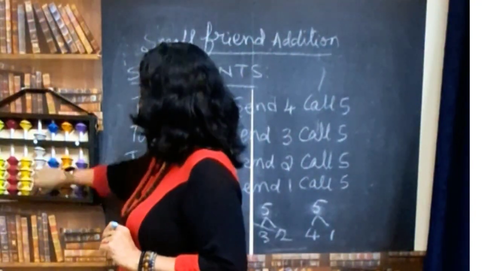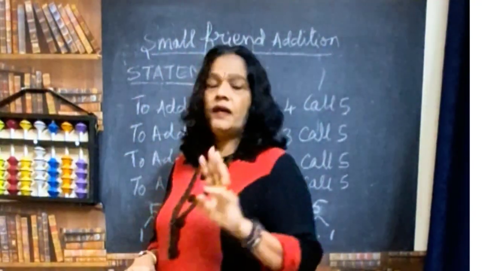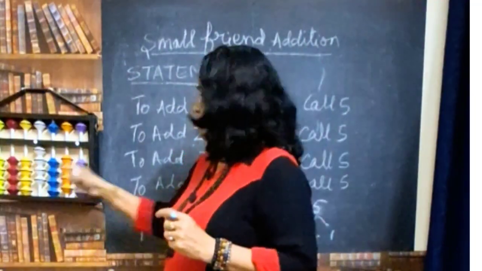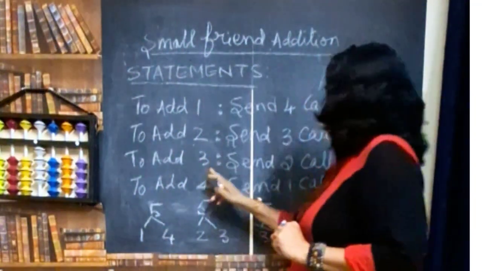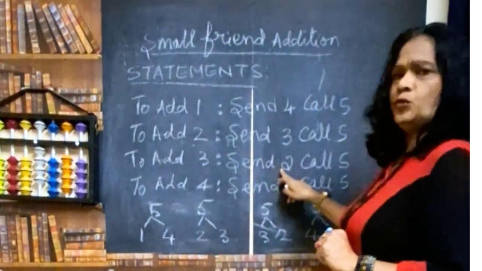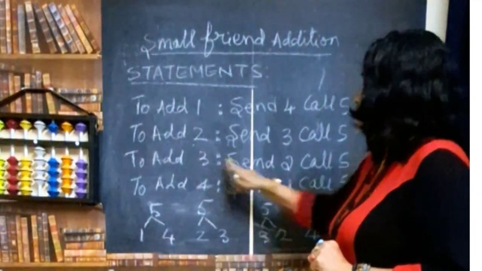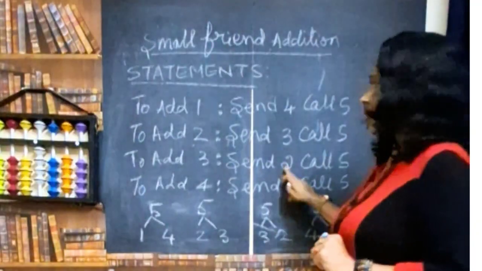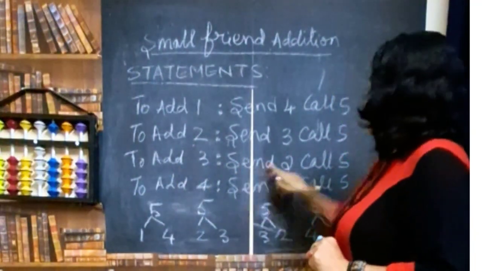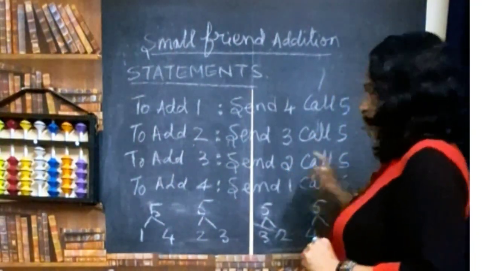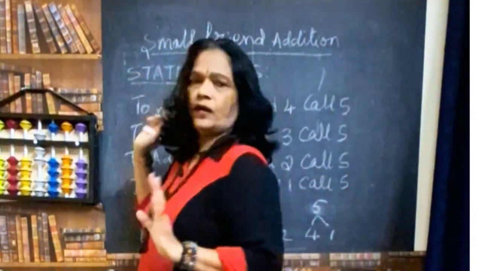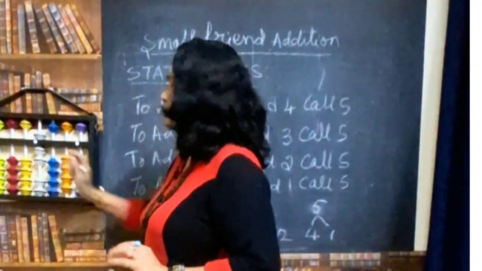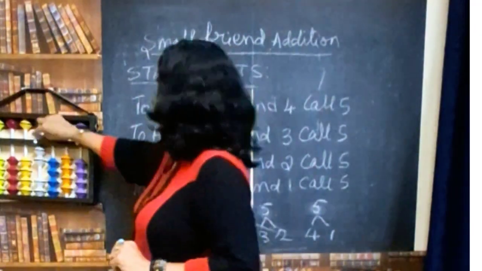In the same way, suppose 4 is on the abacus, add 3. 3 beads are not there to add. Look at the statement. To add 3, send 2, call 5. See, 3's friend is 2. That's what we are using here. That means send 2 beads away from the divider, call the upper bead. So 4 plus 3 is 7.